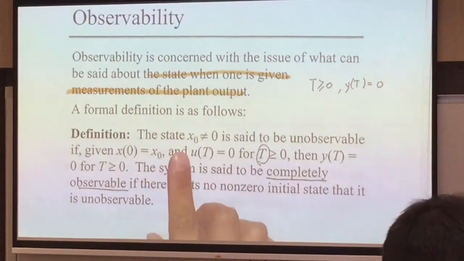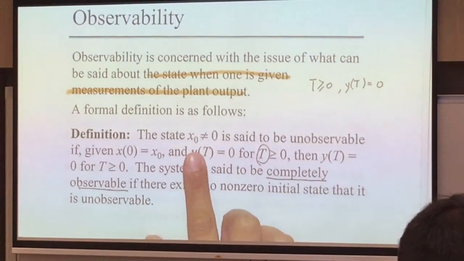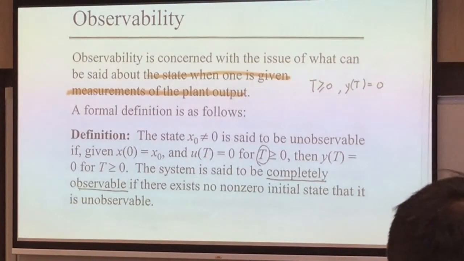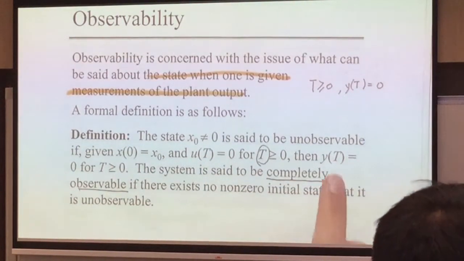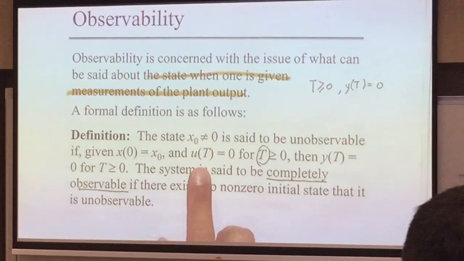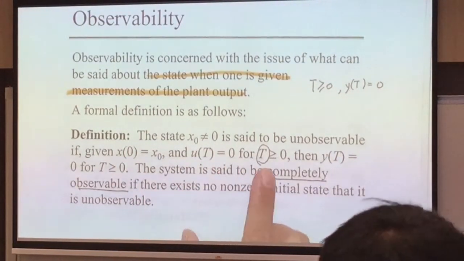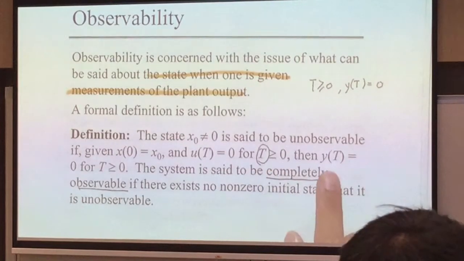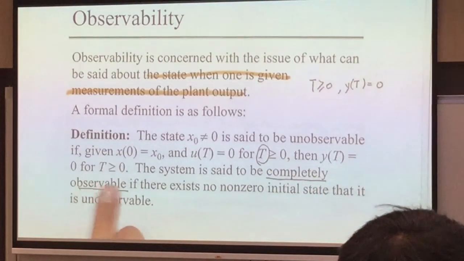If you have an initial condition x naught that is non-zero, we say that it is unobservable if, with x0 equal to x naught and the control signal u(t) equal to 0 for t bigger than 0, the output y(t) is 0 for t bigger than or equal to 0.